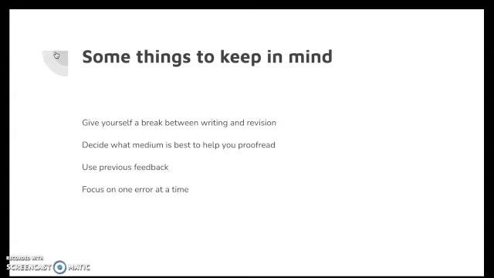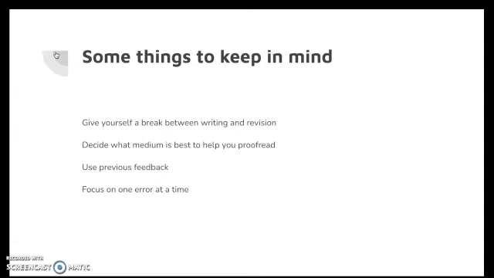Use feedback that you've gotten, whether it's from your classmates or from a professor or teacher. Think about the feedback you've already gotten. Read those comments that you got in other work and use that feedback to help you when you're revising your work as you move forward.